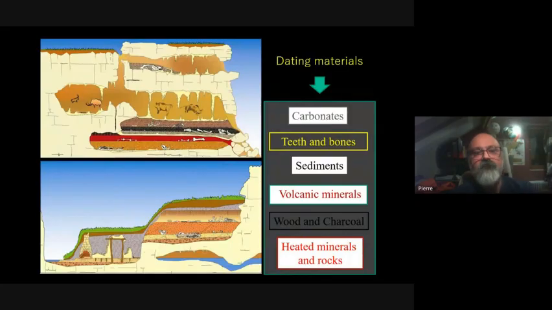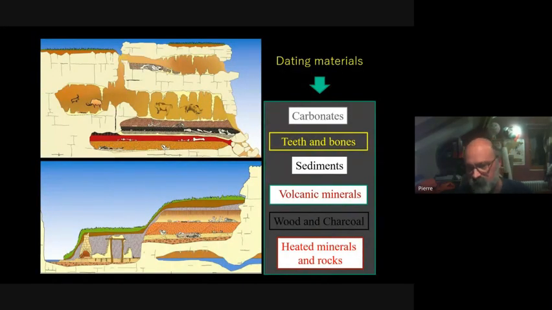Hopefully, we have many different materials in a site that can be used as a geochronometer. The most evident, not in relation with human activities, are minerals forming the background of the site, but sometimes we also have elements directly in relation with human activities.